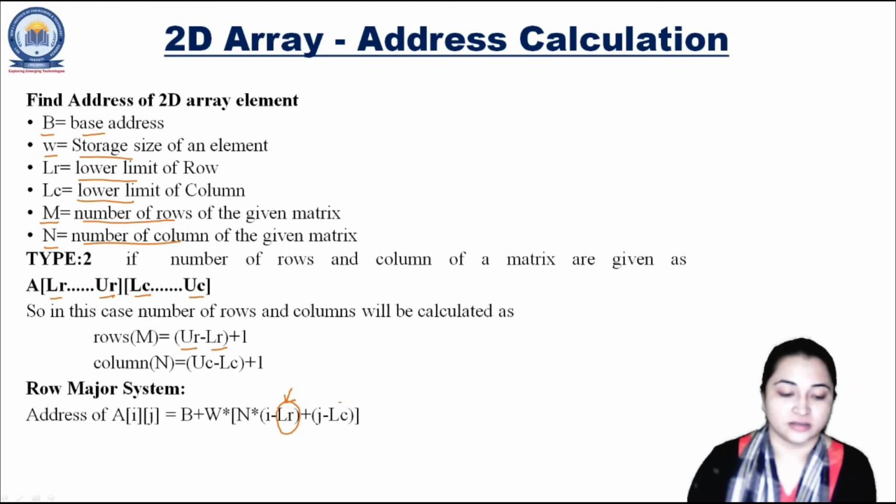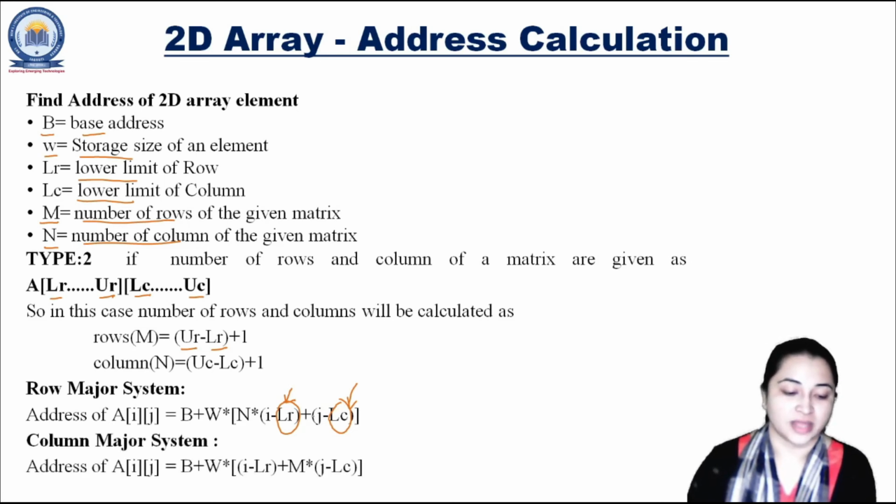And in place of 1 in the column term we have lower bound of column. That minor change will be in the column major system also, and that will be B plus W into I minus LR plus total number of rows multiplied by column subscript minus lower bound of column. Okay, so this is the equation when we are given a range in rows and columns.